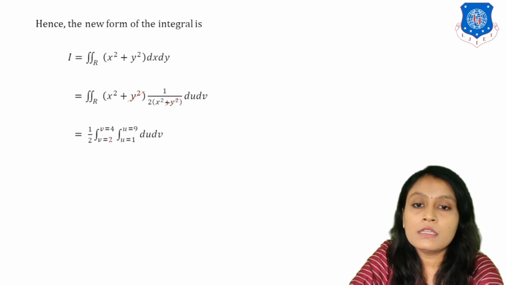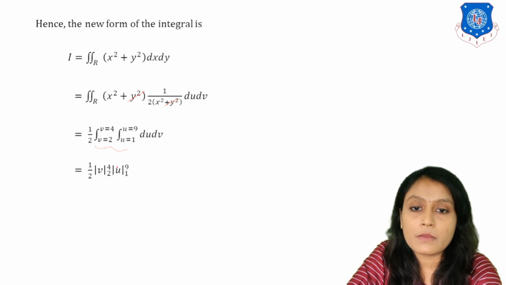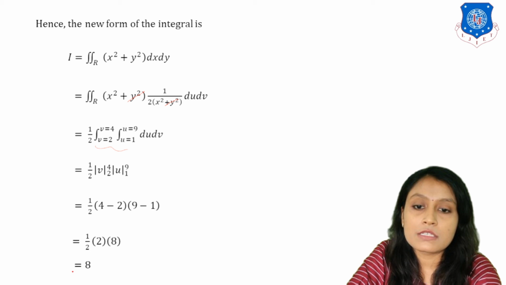Now we will evaluate both integrations simultaneously because here we have constant 1. So you will get v and here u, the limits of v are 2 to 4 and the limits of u are 1 to 9. Substitute the limits, so you will get 1/2 into (4 − 2)(9 − 1). Simplify this, so you will get the answer of this integration as 8.